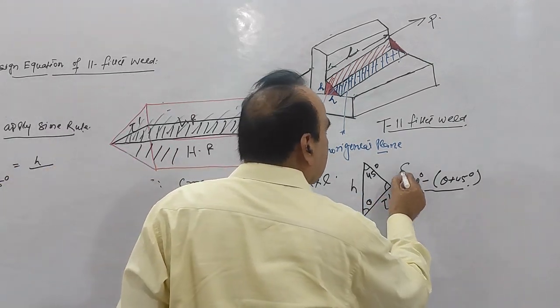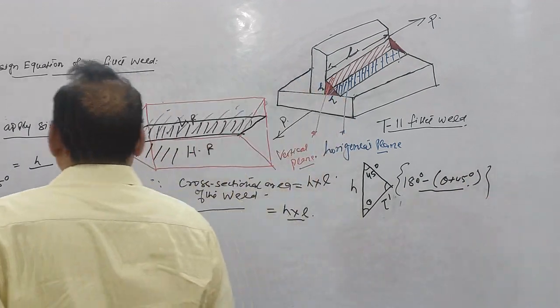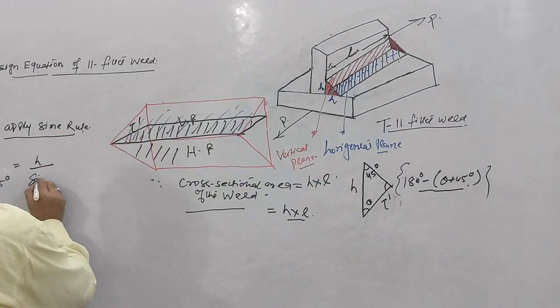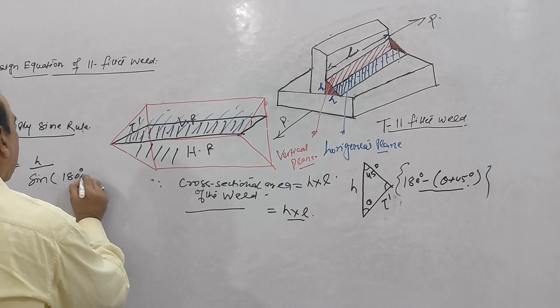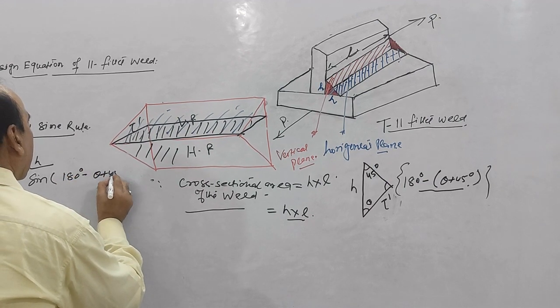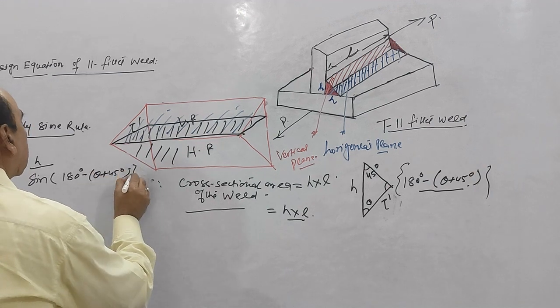And what is the angle here? This is the angle sine of 180 degree minus theta plus 45 degree, right?